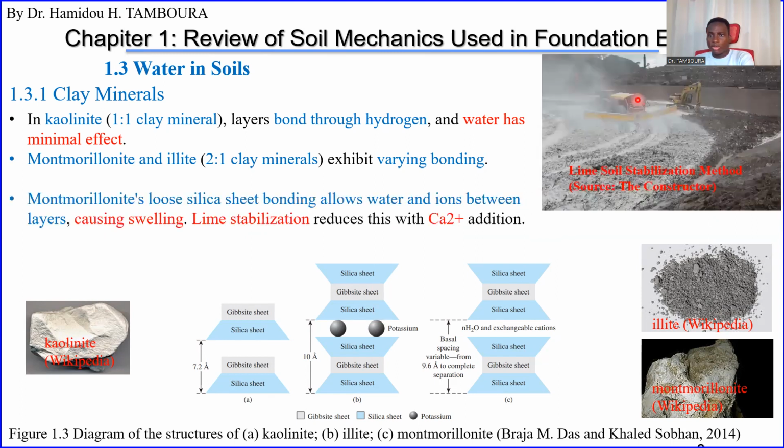For example, this photo shows the lime soil stabilization method. The white thing you are seeing is limestone, mixed with clay. By doing this, it helps to minimize the effect of water on this clay.